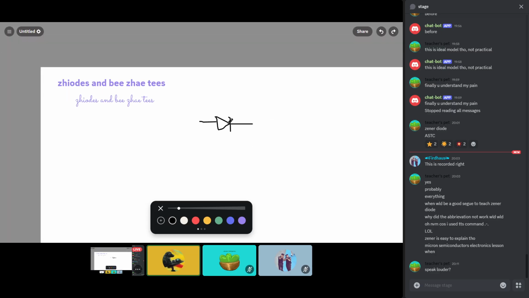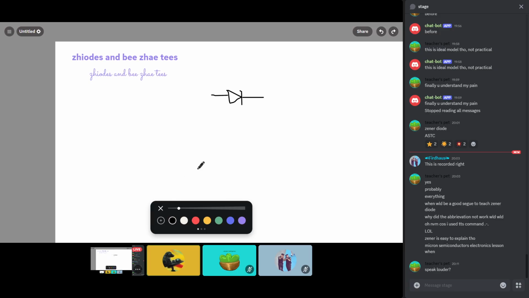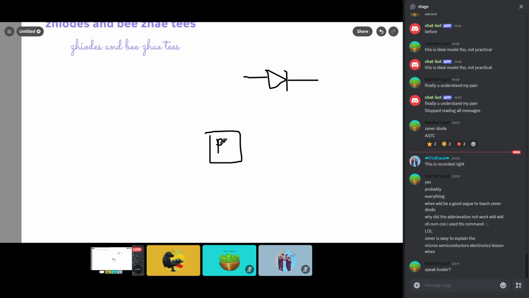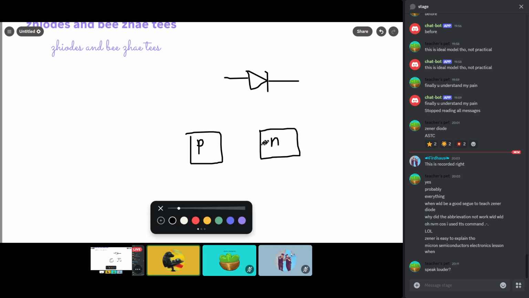Okay, so that's what a diode does, but we can actually go a bit more in depth on how it works. Okay, so in the world of semiconductors, there are two types of semiconductors that you should know. One is the P type semiconductor and the other is the N type semiconductor.